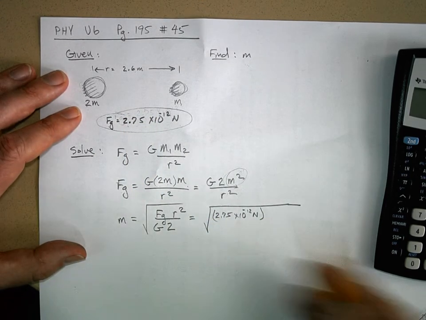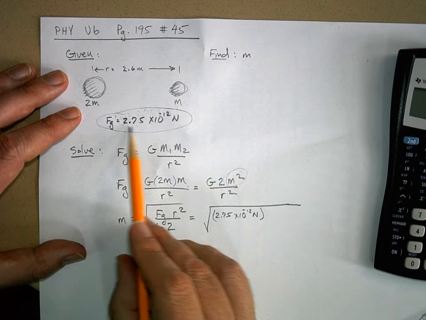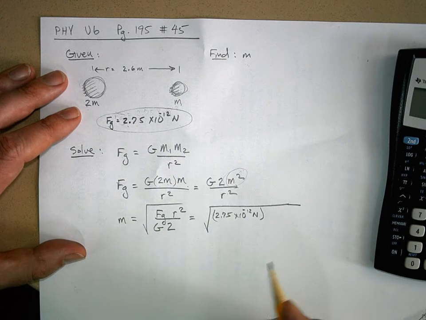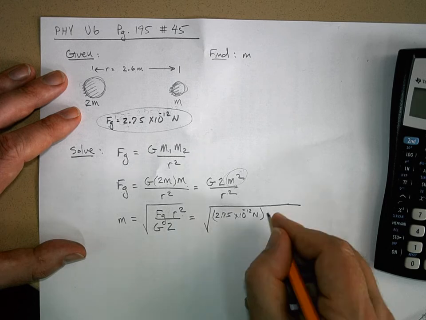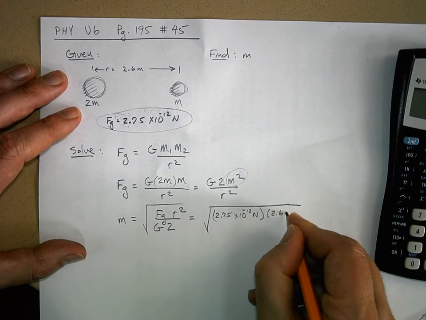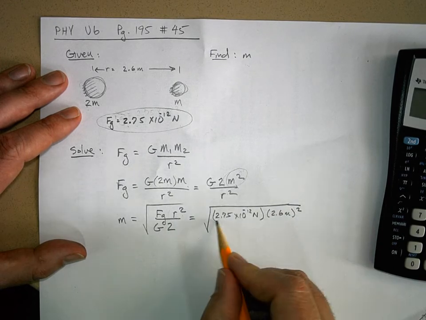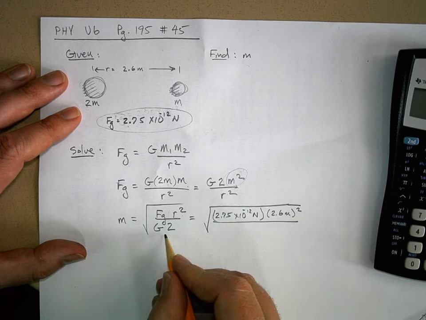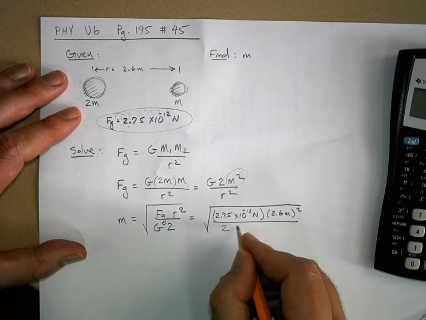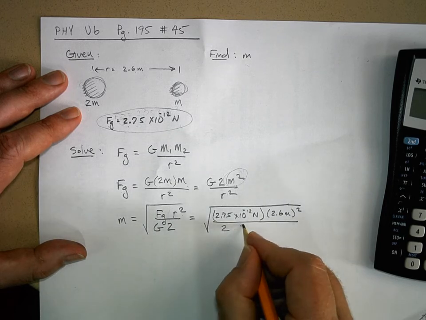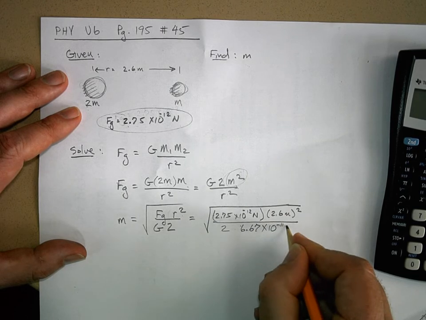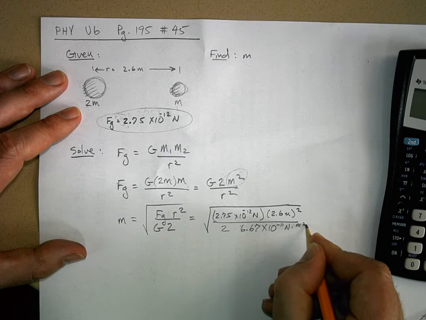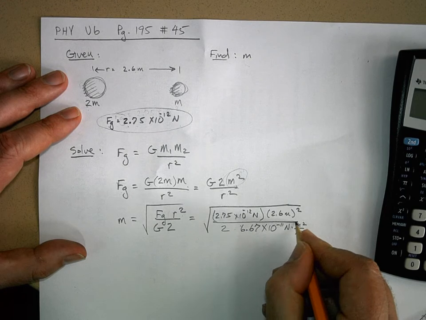But it's negative 12 newtons, or almost 3 trillionths of a newton, a very tiny force. And this is r squared, so 2.6 meters squared. Divide by 2, I'll put the 2 out front, and then G is 6.67 times 10 to the negative 11 newton meters squared per kilogram squared.